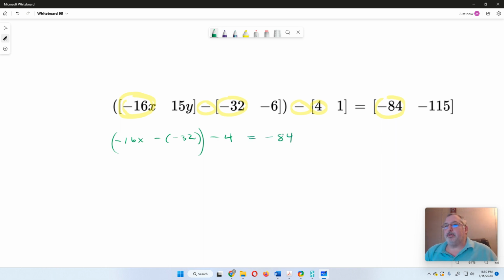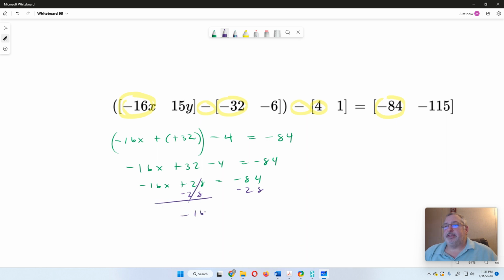So then we're just going to solve the equation. This becomes negative 16x plus 32 minus 4. And then combine those, we got negative 16x plus 28 equals negative 84. We're going to subtract 28 from each side.